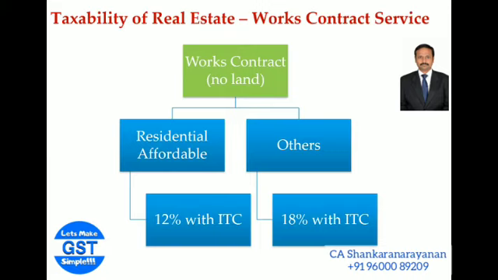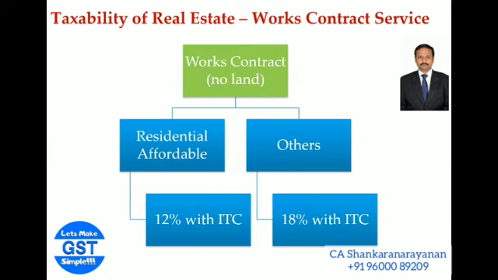And there, if I am constructing residential affordable housing, as I told you earlier, up to 45 lakhs value, not exceeding 60 square meters in a metro city, or in outer areas 90 square meters, then 12% is the taxability. I can do it with ITC. But if it is anything other than that, it could be a works contract for other than affordable housing, or commercial construction, or anything, road laying, anything.